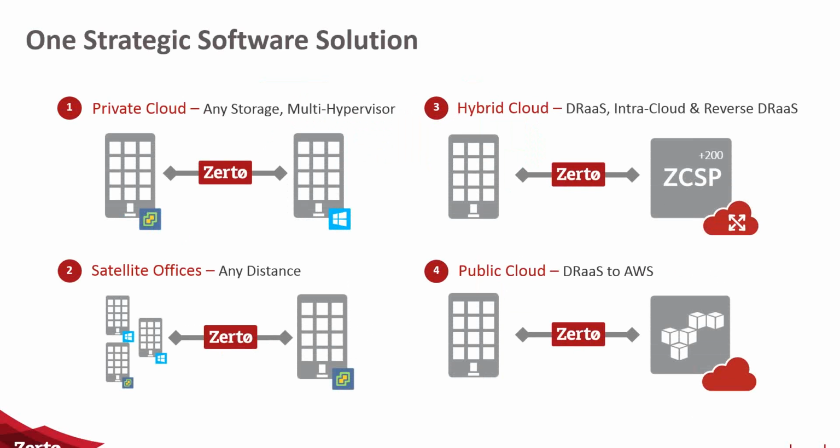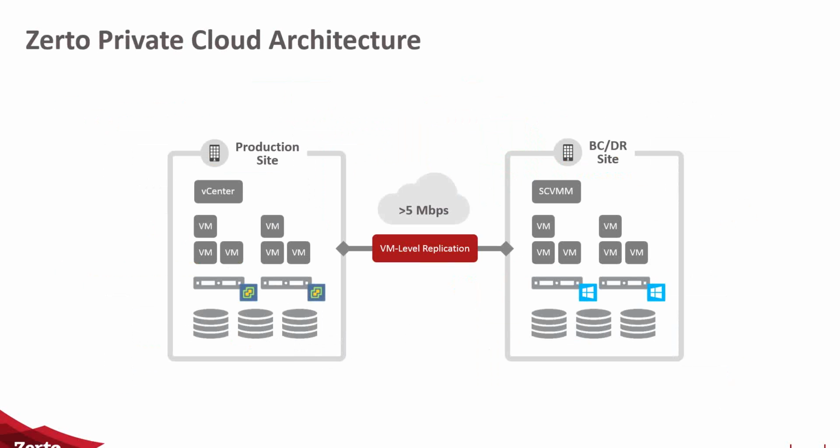So what I'm now going to do is go into a bit of architecture in terms of how Zerto is deployed and managed in a private cloud, and then we'll also talk about Zerto in a public cloud space. So for a private cloud architecture, whether you're running VMware vSphere or Microsoft Hyper-V, it's the same Zerto components that we install.